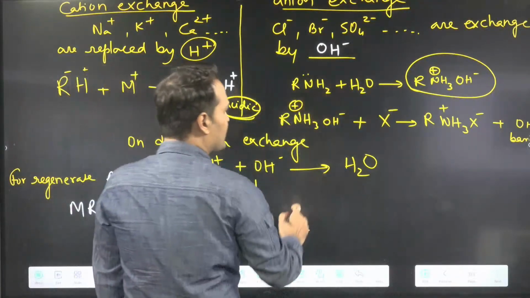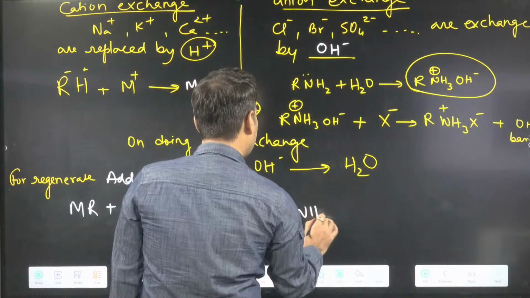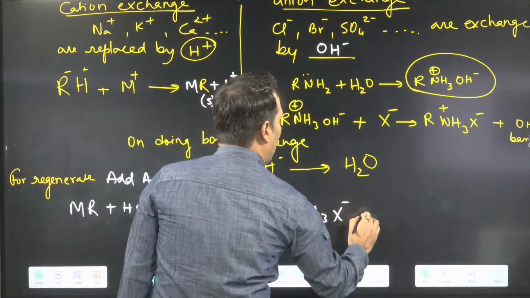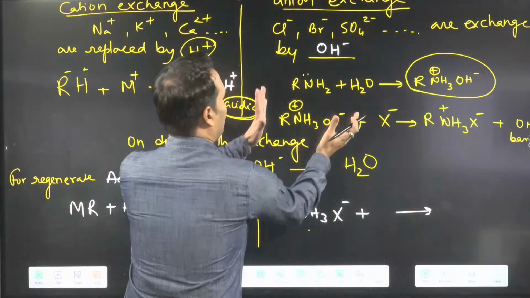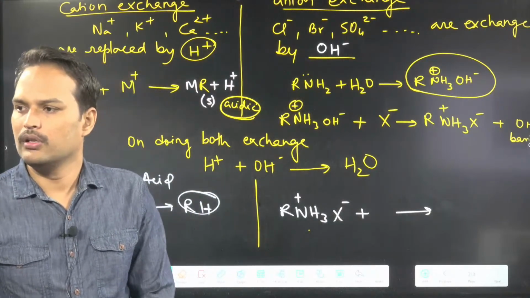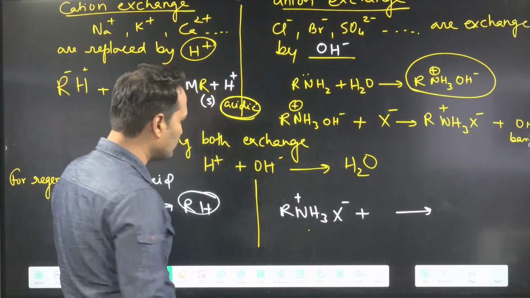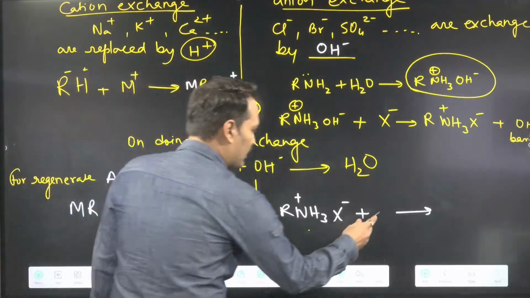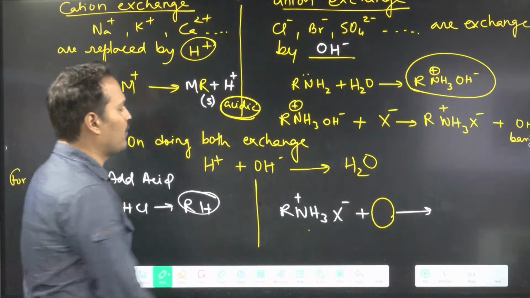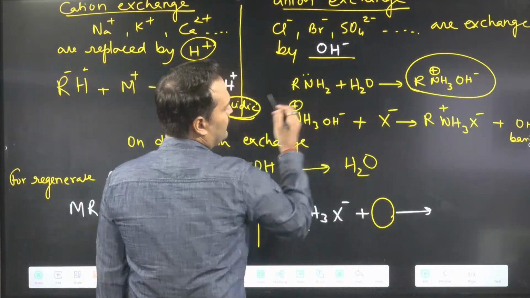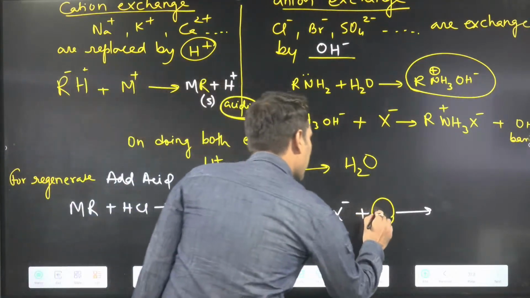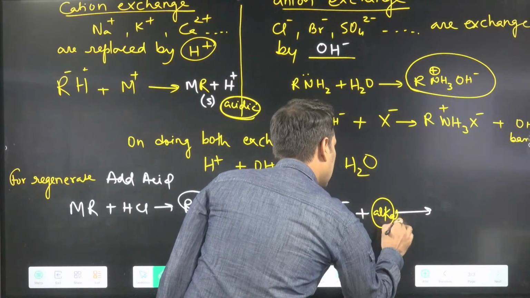In this case, everyone see here, and you tell me this answer. Suppose this is my final product. I want to regenerate my weapon, ammonium. What will I add in this? From this, I want to regenerate my initial part. I will add a base, alkali.